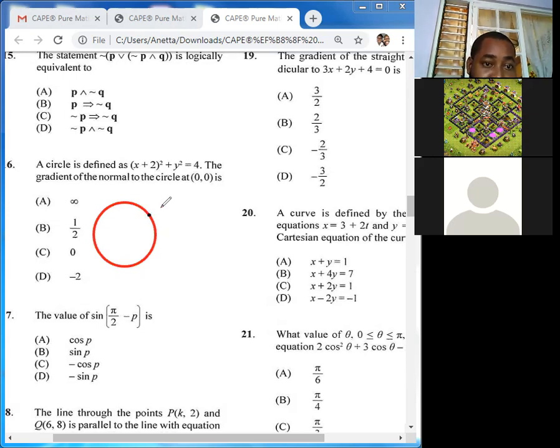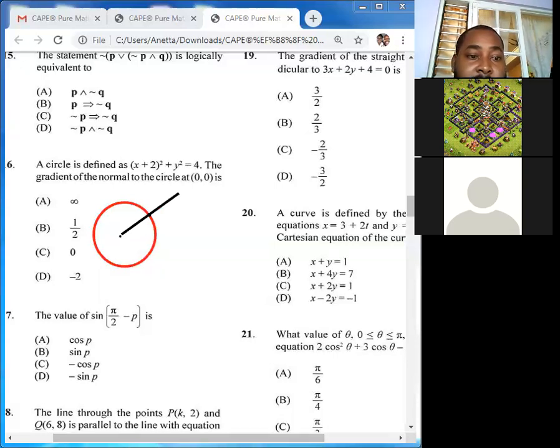Let's just say this is the point on the circumference that they give us, 0, 0. You need the center, so do a line from the center to that point, and the gradient of that will be the gradient of the normal. This is what we would refer to as the normal. So we need 2 points: the center of the circle and that point which is given, and then you find the gradient of that.